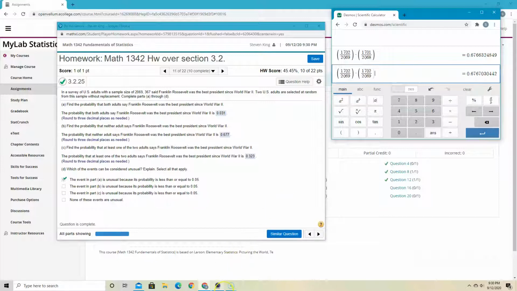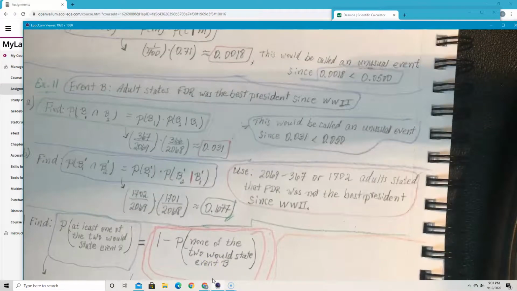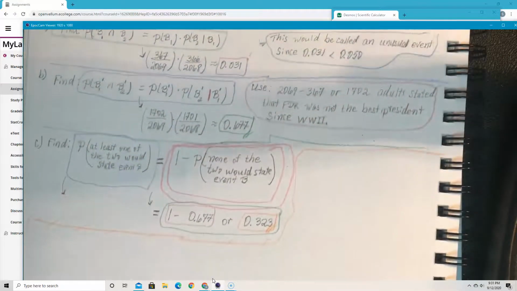Another way to write that down on a piece of paper is C. The probability of at least one, in this case there's not 5 children or 10, but just 2. At least one of the 2 would state event B. At least one of the 2 children are going to Disney World.